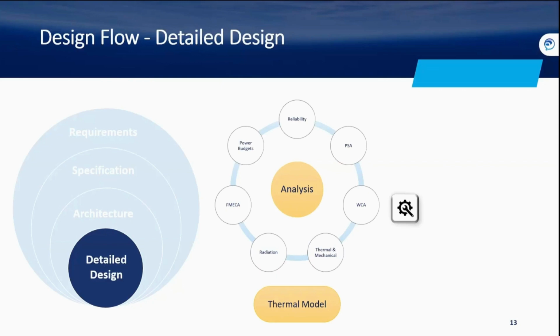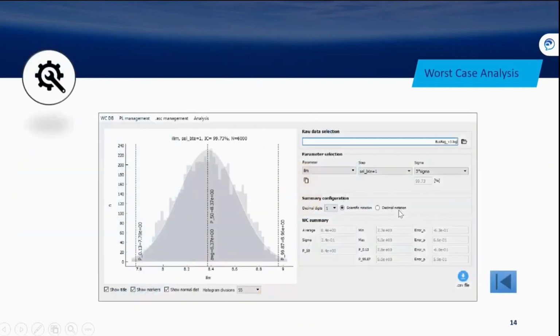And also we have the worst case analysis, for which we have also developed a customized tool that you can see right here. It would look like this. The worst case analysis is based on varying the tolerance of the components with a Monte Carlo method.